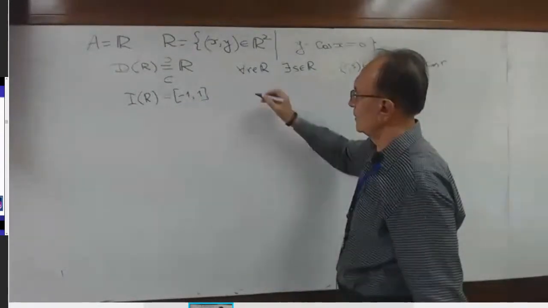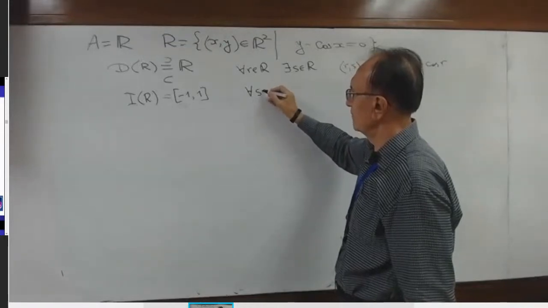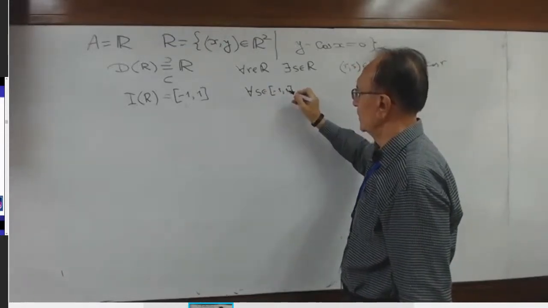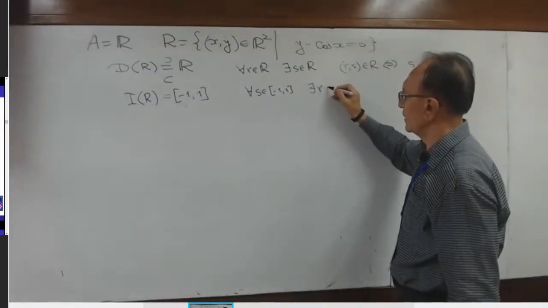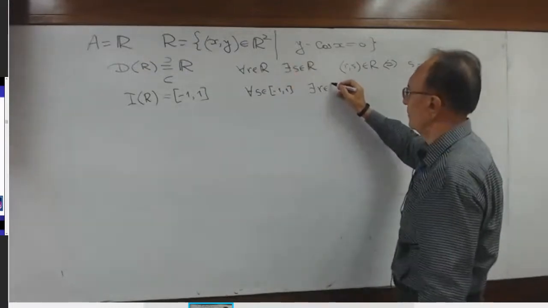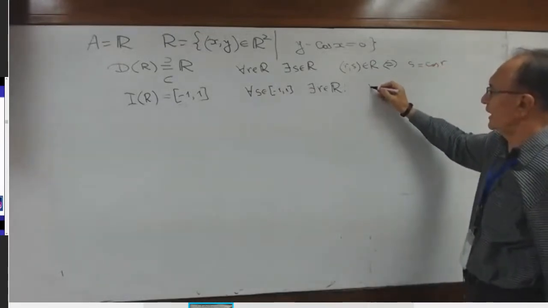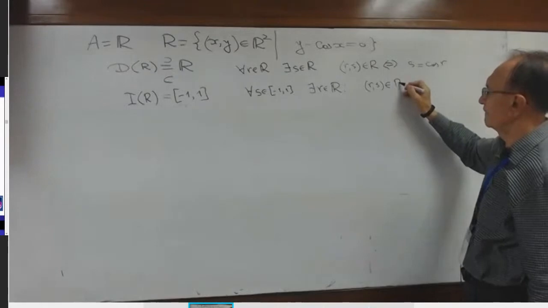So what should I do? I will take any s from [-1, 1] and show that there exists r from R such that the pair (r, s) is in the relation.